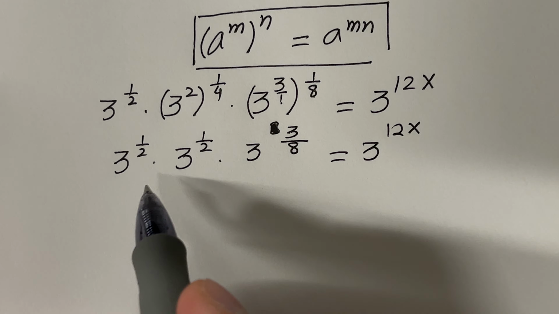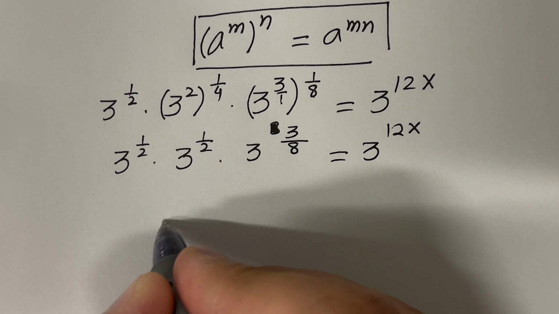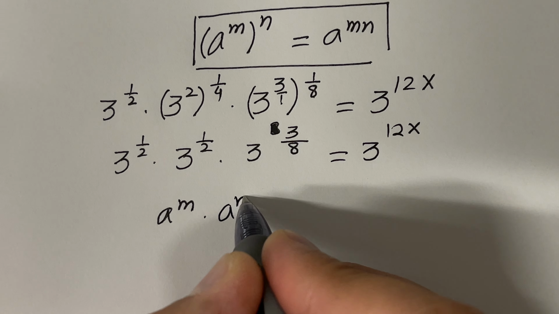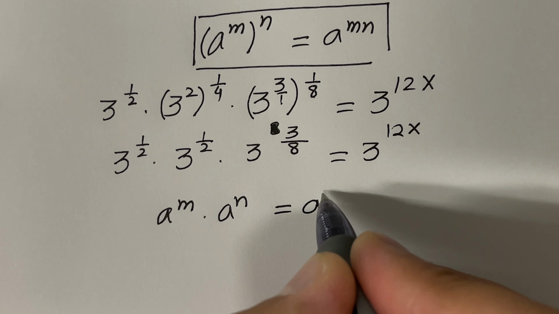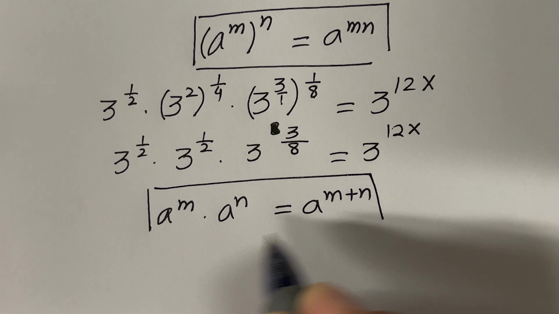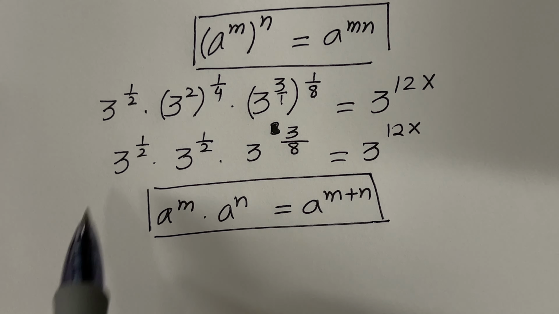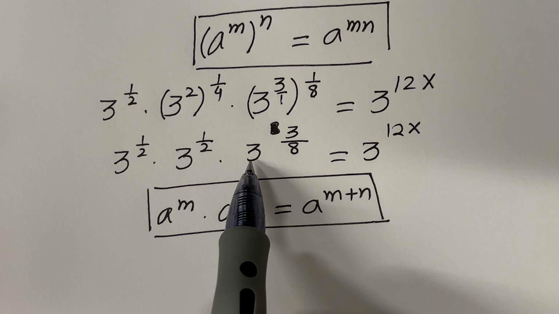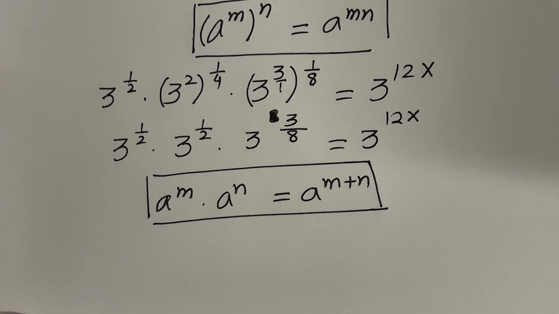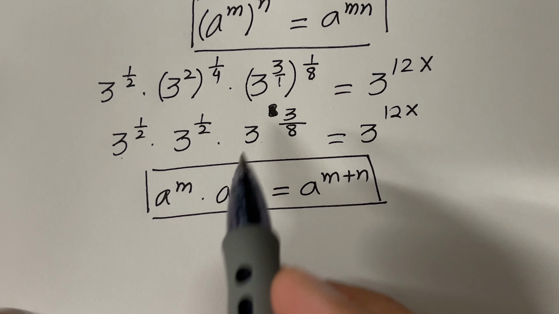Okay, now let's use this property that says a raised to the power m times a raised to the power n is equal to a raised to the power m plus n. We have this situation here. If the bases are same, then you have to just add the exponents. So the bases are 3 here.